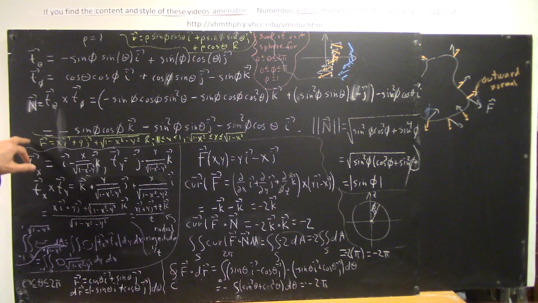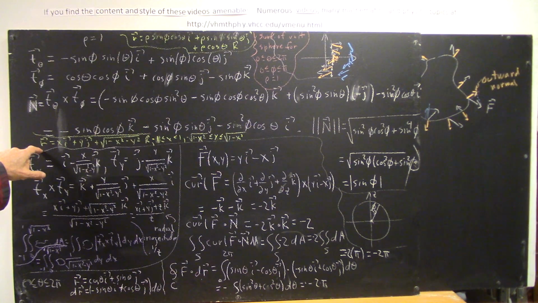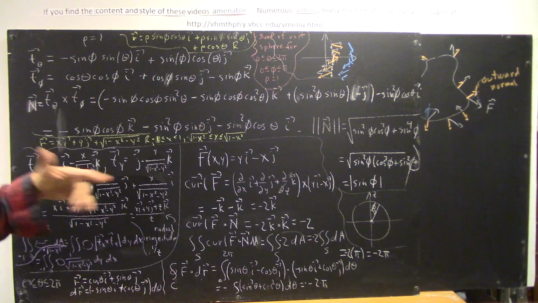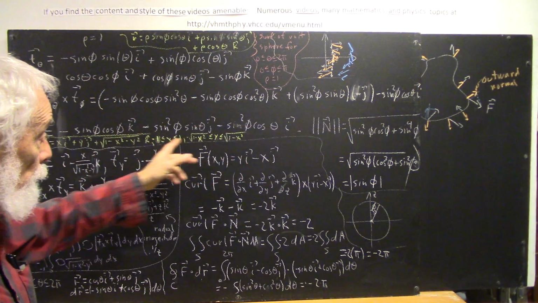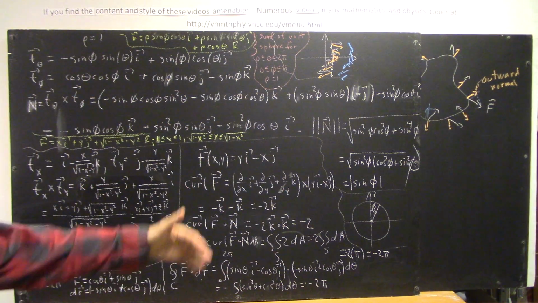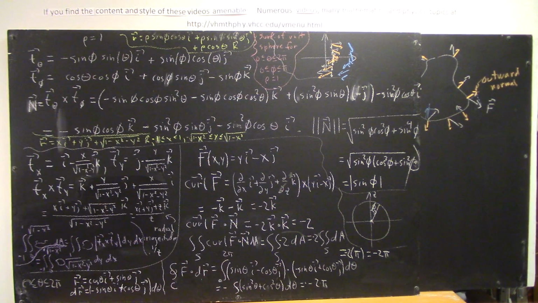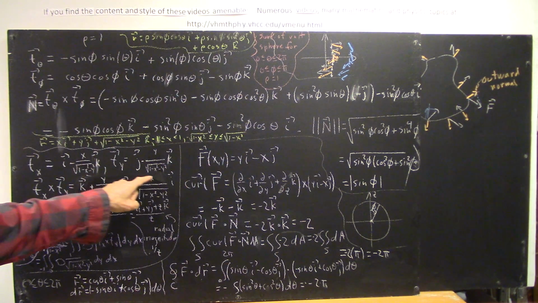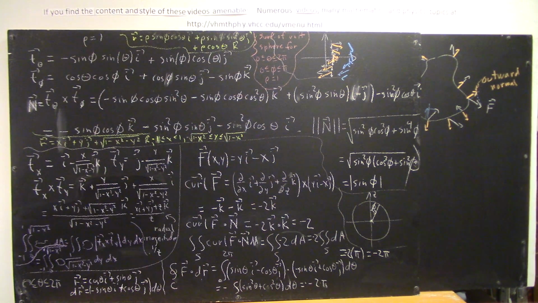So you can easily verify that for this parameterized vector r, which as x and y go through these values describes the unit sphere, T_x is this, and T_y is very easily calculated to be this.